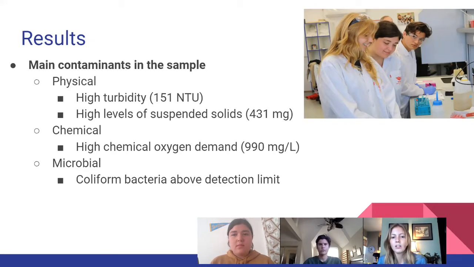And if you recall, the desirable amount is less than 0.5 NTU for drinking water. There were also high levels of suspended solids. Chemically, our sample had a high chemical oxygen demand. And within microbial, our fecal coliform bacteria were above the detection limit.